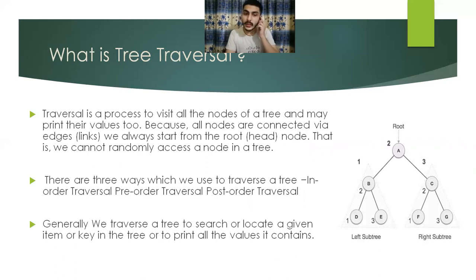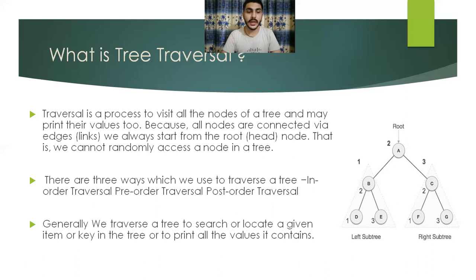So here is our another topic. What is tree traversal? Traversal is a process to visit all the nodes of a tree and may print their values too. Because all nodes are connected via edges, links, we always start from the root node.